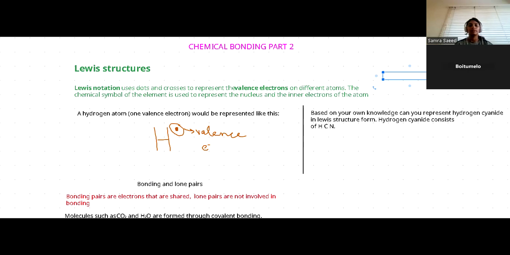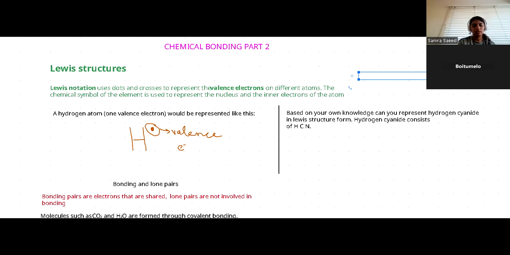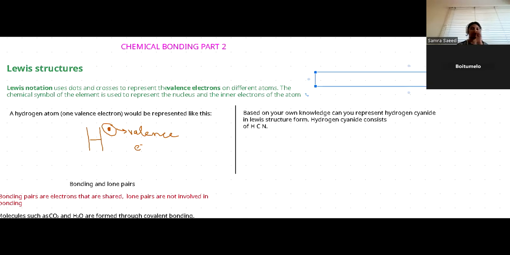So valence electrons participate in bonding because they have the most energy, as compared to the electrons that are closer to the nucleus.